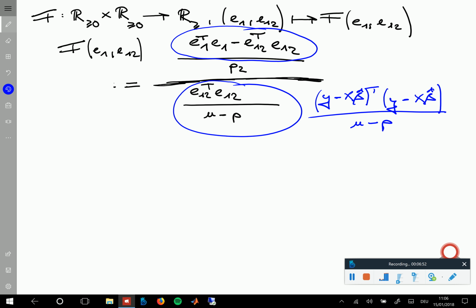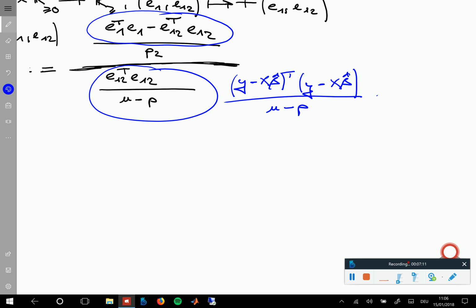Have you seen this before? Sigma square hat, exactly. So this is the variance estimator. This is the same thing that we used for variance estimation. It's just now with this E written a little bit shorter, but it is the estimation of the variance, of course, under the full model.